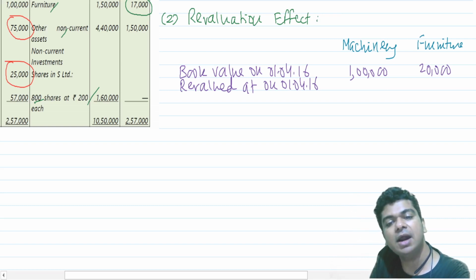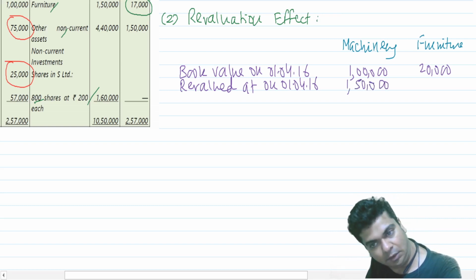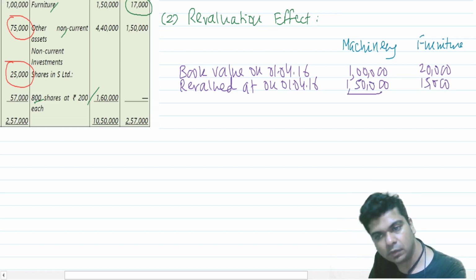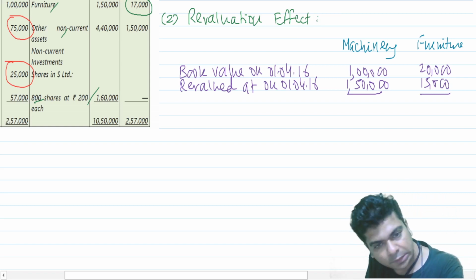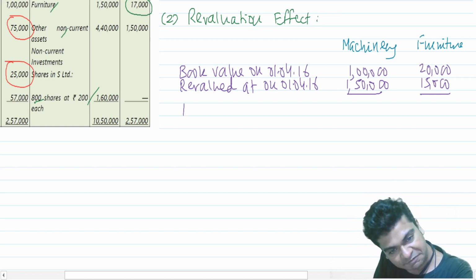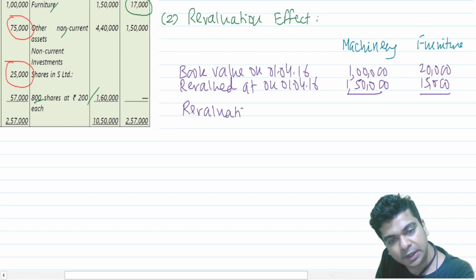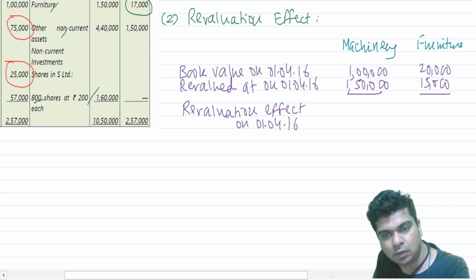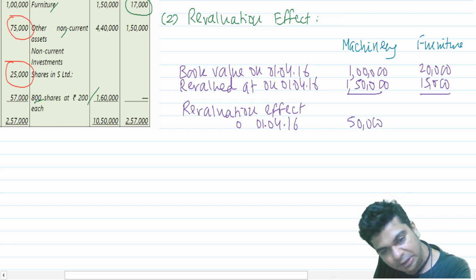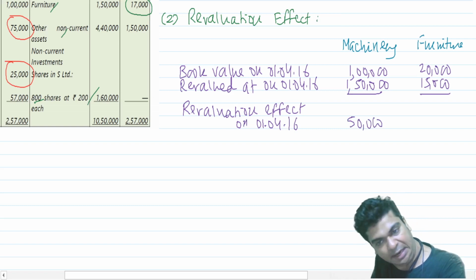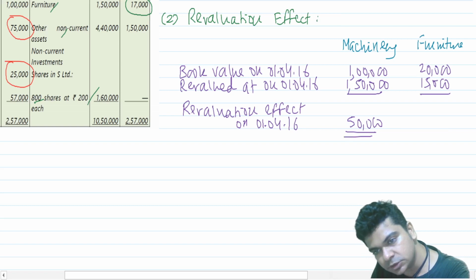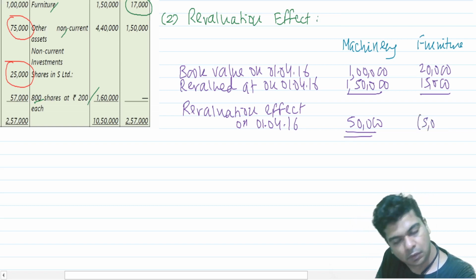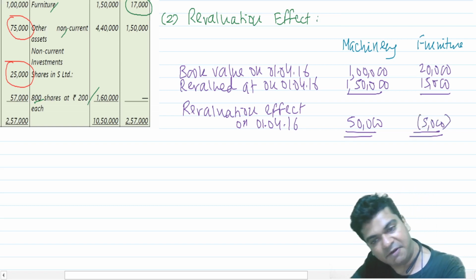They are saying that we are considering this as 1,50,000. They are considering this as 15,000. So this gives us the revaluation effect on 1st April 16. This is 50,000. This is minus 5,000.